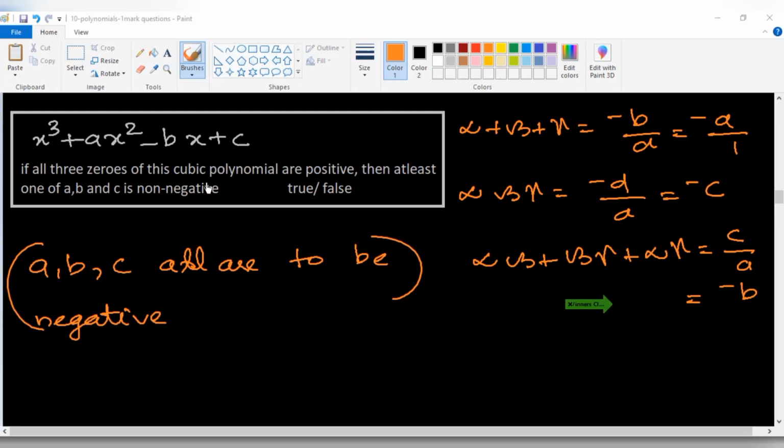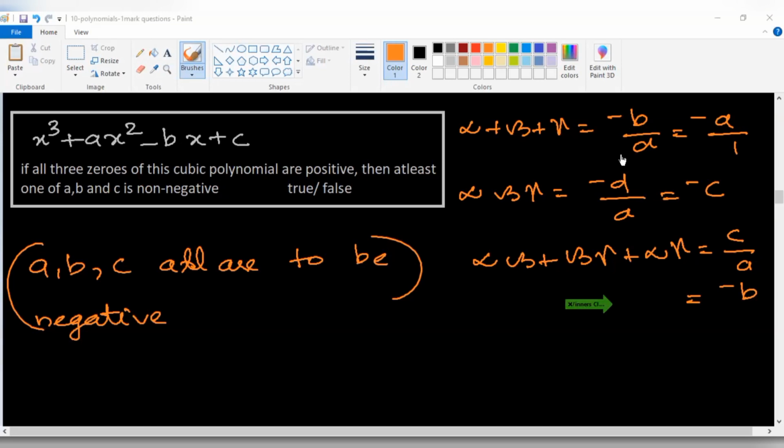If all three zeros of this cubic polynomial are positive, then at least one of a, b and c is non-negative. So we know the relation between them: alpha plus beta plus gamma equals negative b by a. In place of b we have a, and in place of a we have 1.